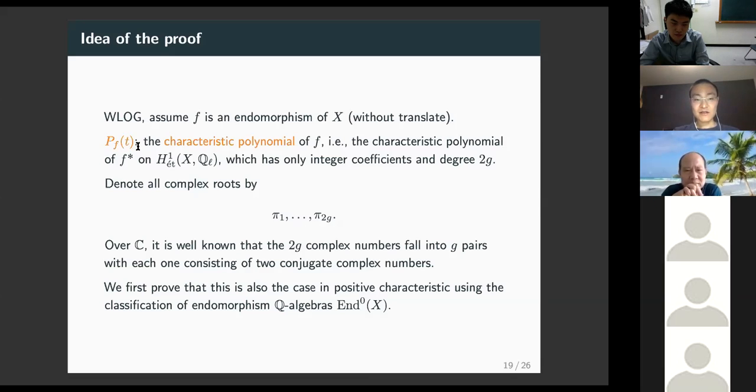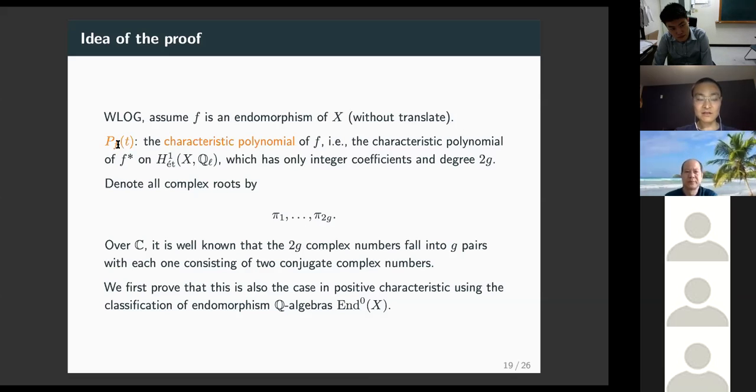This is the characteristic polynomial of F star on H1, the first étale cohomology group of X, which has only integer coefficients and degree 2g. g is the dimension of X. Here F is an actual endomorphism, so the characteristic polynomial has only integer coefficients.